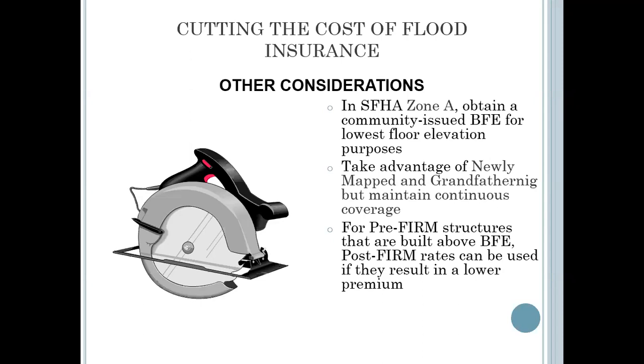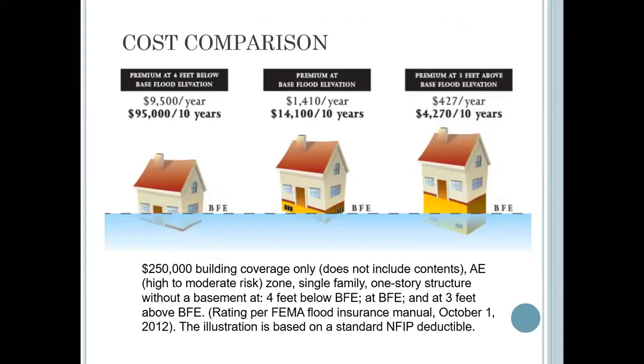So let's look at some cost differences. These are really not current, but it just gives you an idea of how we can save premiums when we elevate structures. So let's take the first one. You've got a structure that's 4 feet below base flood.